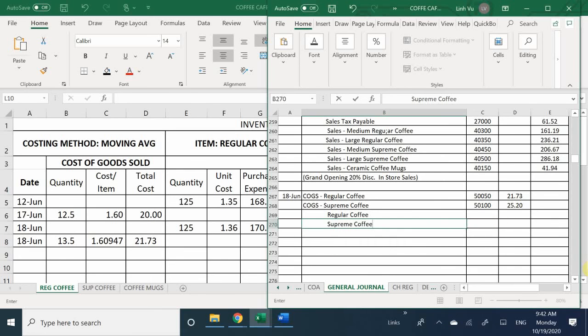Okay. And that should be 12.20 and 12.40. All right. And it's going to be the same exact amount because that's exactly how much you sold. So that's exactly what you're going to be taking out of your inventory. Okay. All right. And I'm going to finish this off with my little note here.